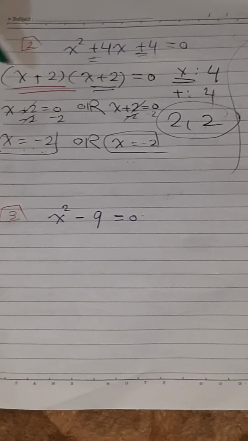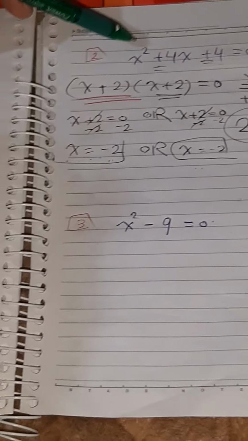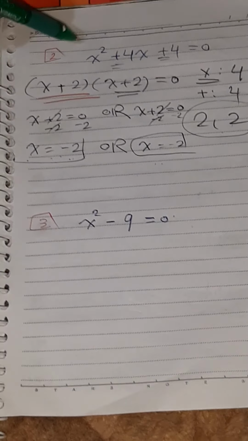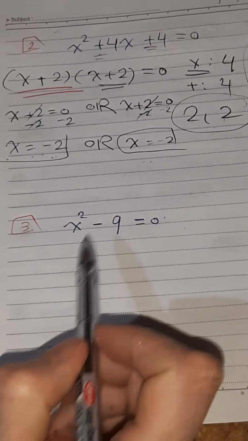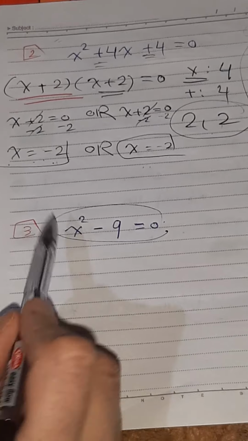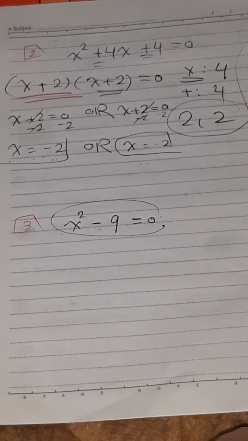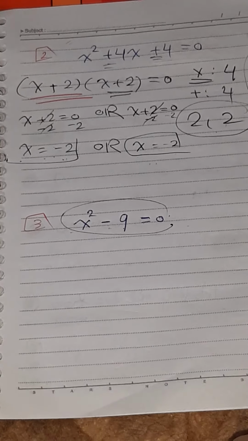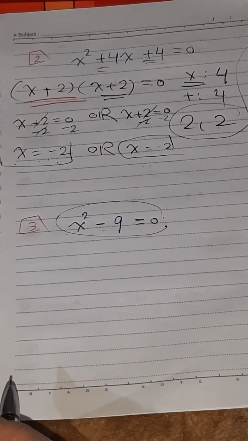I'll tell you something. The solution of the quadratic equation is the same as when you say the roots of the quadratic equation. Now look, let's take this one. x squared minus 9 equals 0. What about x here? Is there an x here? Yes, there is an x, but the coefficient of x is 0.